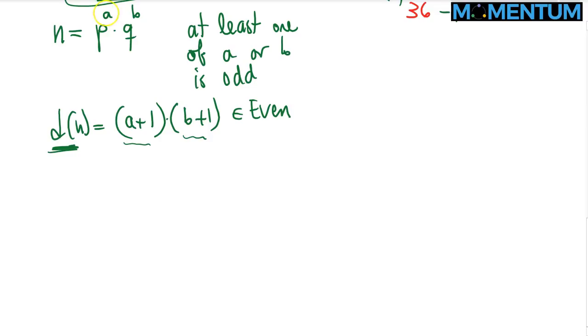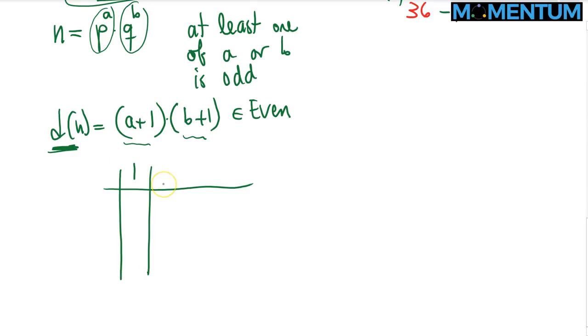An easy, quick way to do that would be to do the following. I can go ahead and create this a plus 1 by b plus 1 matrix.